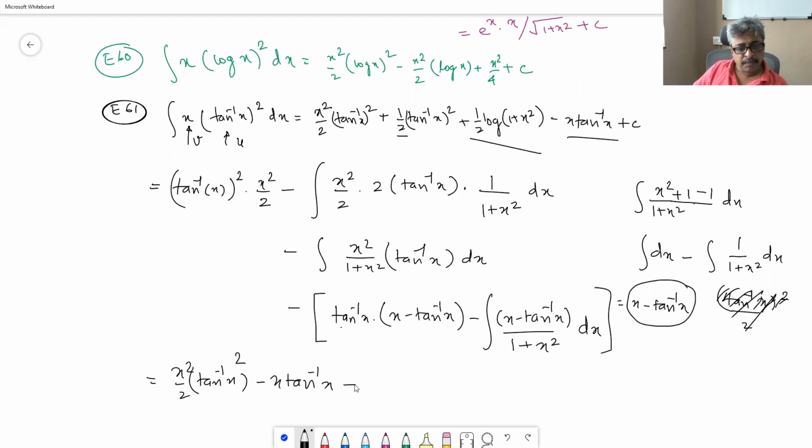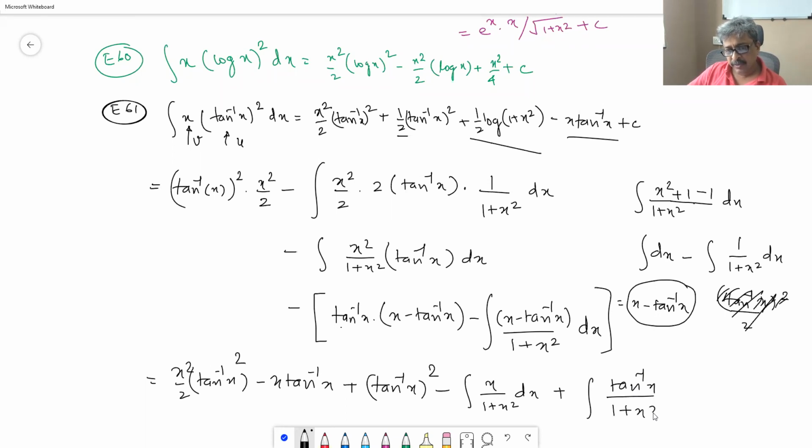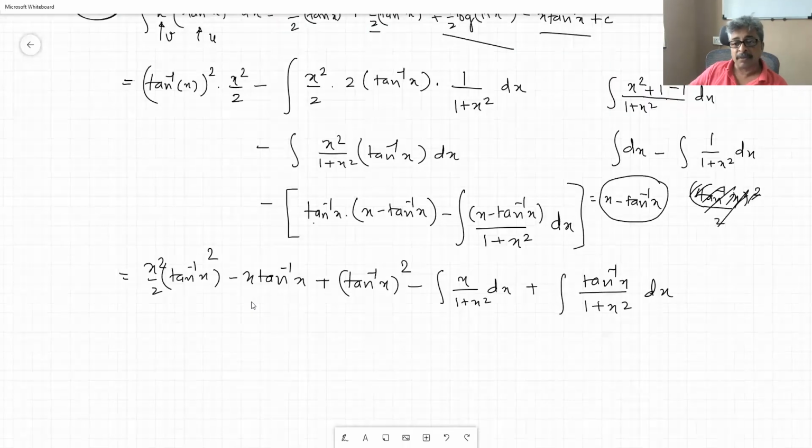Then plus I am getting tan inverse x bracket square, minus integral of this is still pending. So minus integral of x upon 1 plus x square dx plus integral of tan inverse x upon 1 plus x square dx. Now I am comfortable.